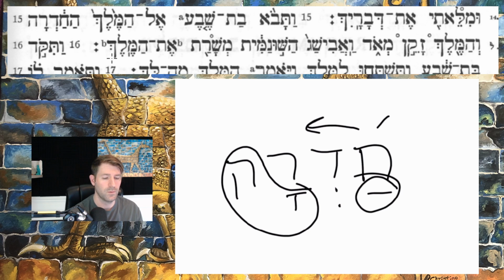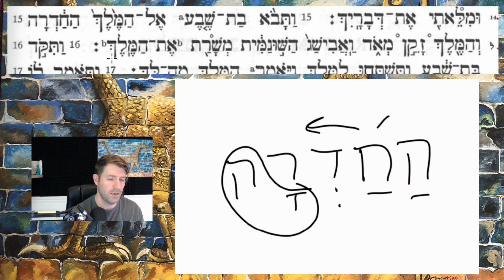It did go back to its one syllable base, chadra, but the accent stayed, so it tells you it's a directional hey. And then you get your hey patach compensatory lengthening. So there you go. That explains that form. Hachadra, to the room. So to the king, to the room.